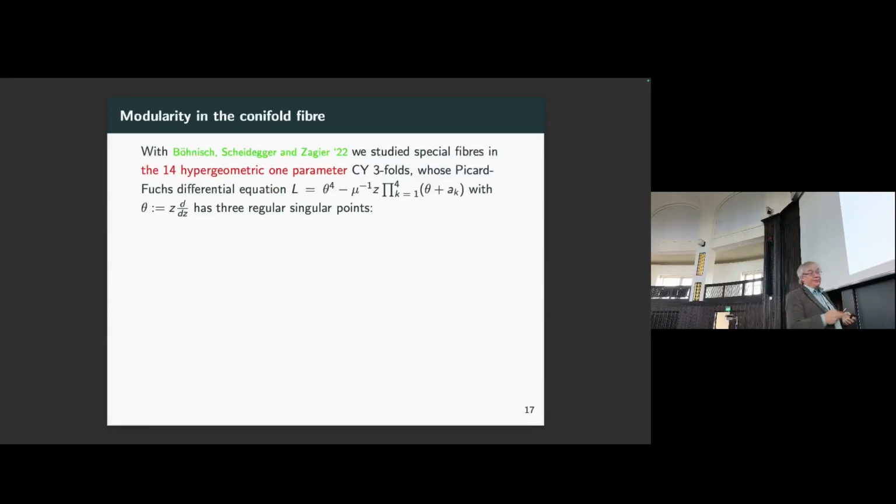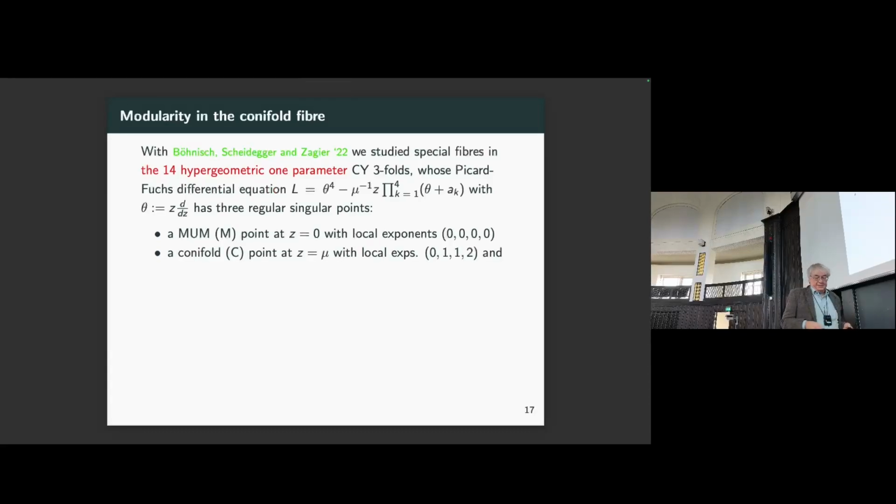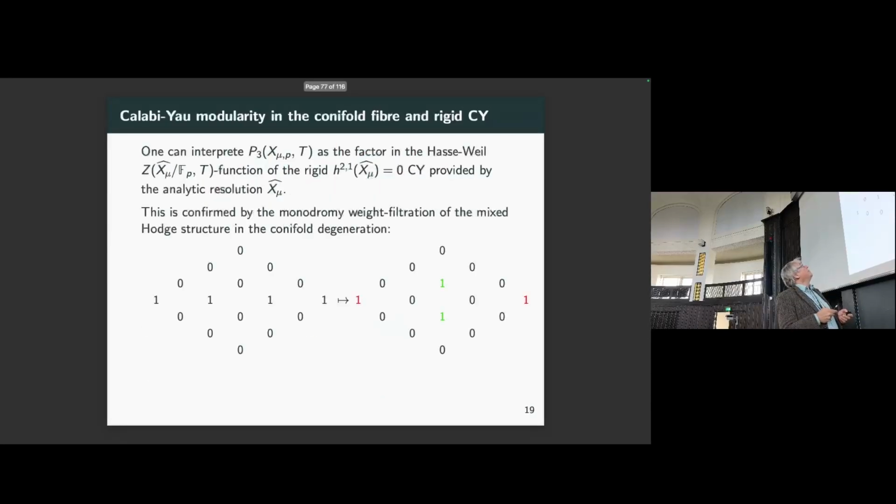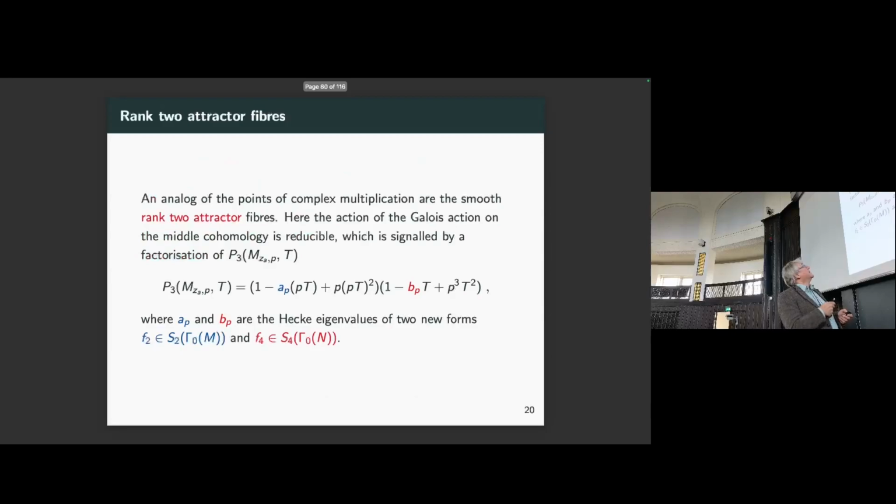This is how it factorizes at the conifold, and at the attractor points it factorizes like this. We found the first attractor point in hypergeometric systems, and also many other new attractor points. Rank 2 attractor points are relevant for black holes and so on.